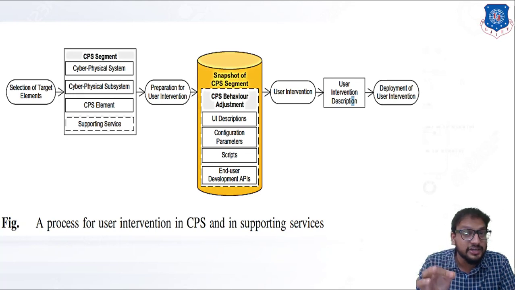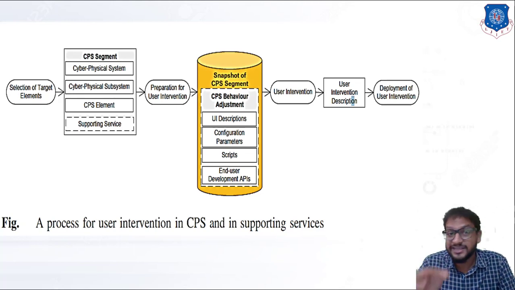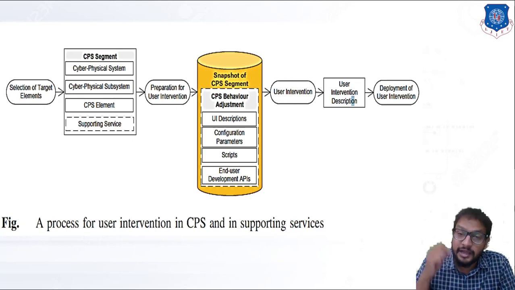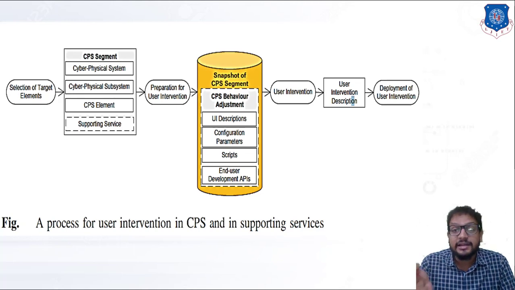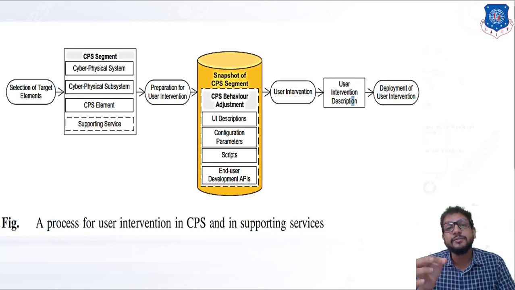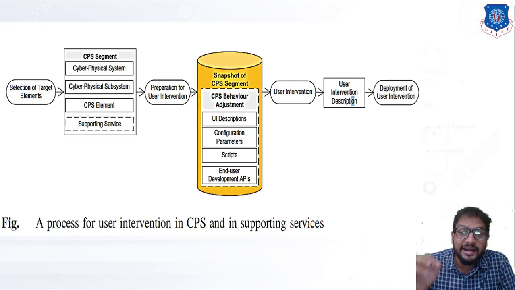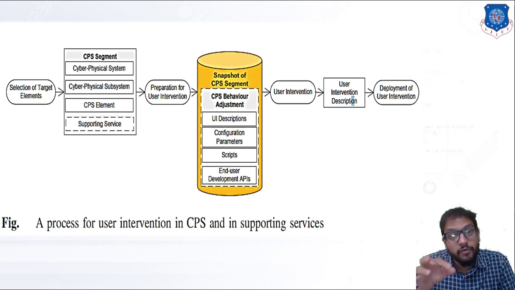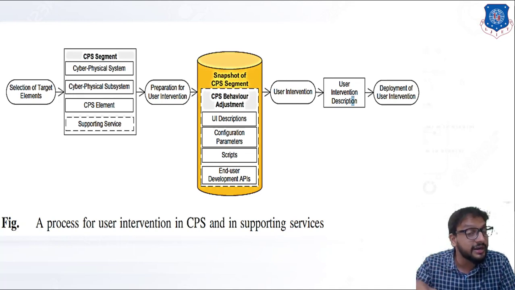If that change is correct, or if it validates the correctness, then the cyber physical system is going to deactivate the target element. Remember, it is going to deactivate the target element, and whatever changes were made by the user will be implemented in the target element.